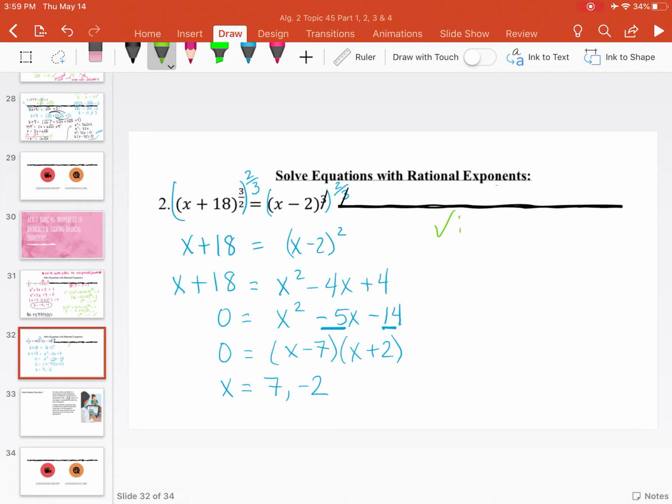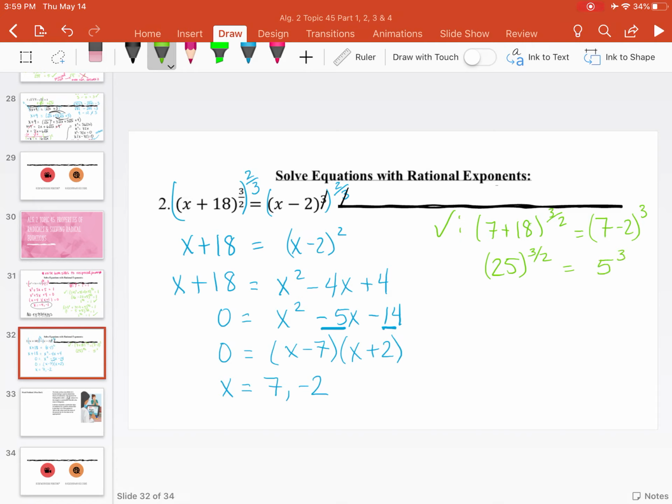Plugging back into the original equation, if we plug in 7, we have (7 plus 18) to the 3 halves equals (7 minus 2) cubed. 7 plus 18 is 25. And 7 minus 2 is 5 cubed.